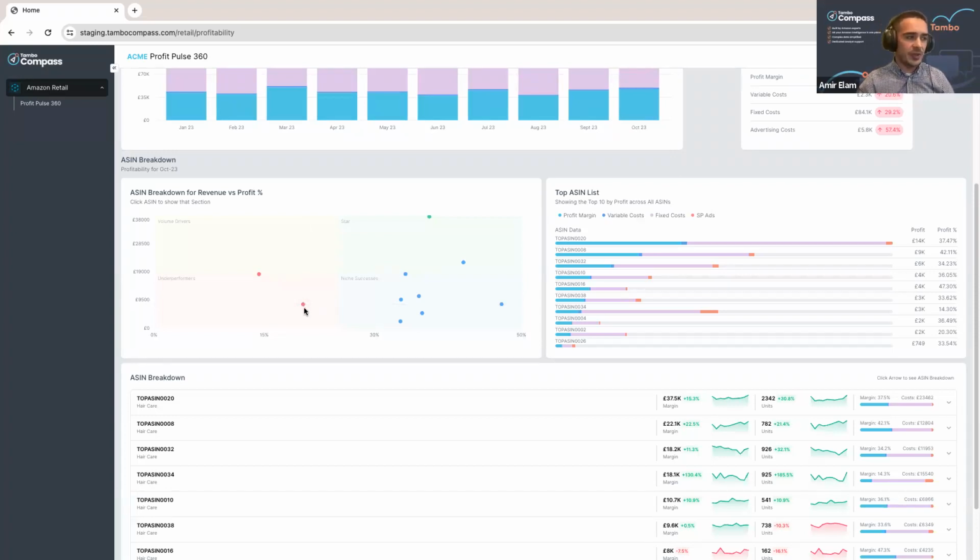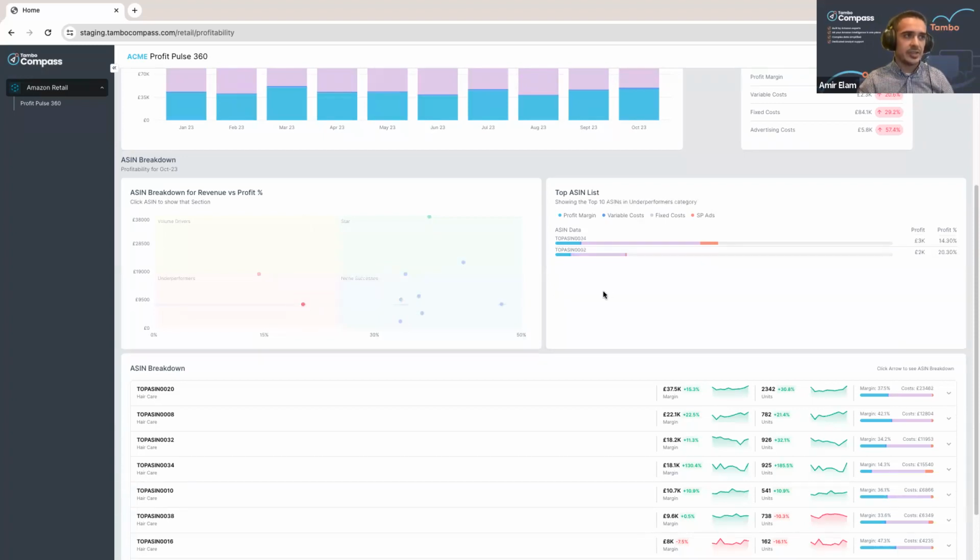The other cool feature is that if I click on one of the products, on the right hand side I'll have listed all the ASINs that are in this bucket. So that, again, allows me immediately to say, okay, this is a section that I really need to look at and to create cost efficiency. I'll go in a second to see how you can dig into each ASIN to see what the cost mix is.